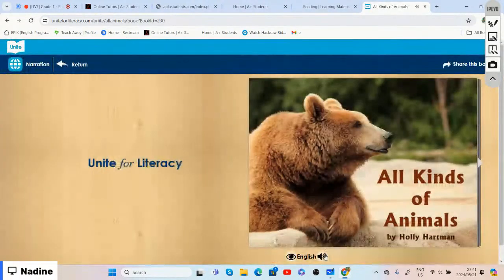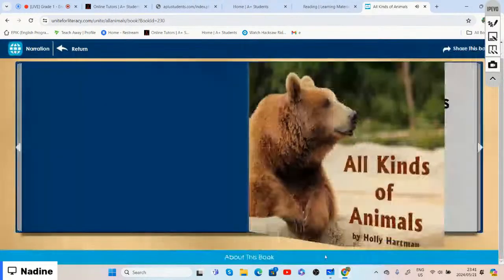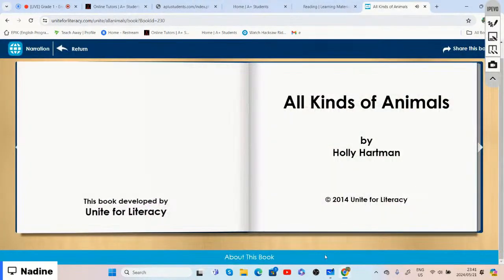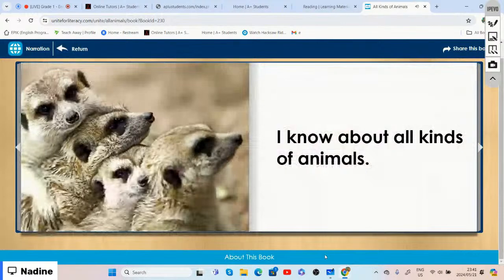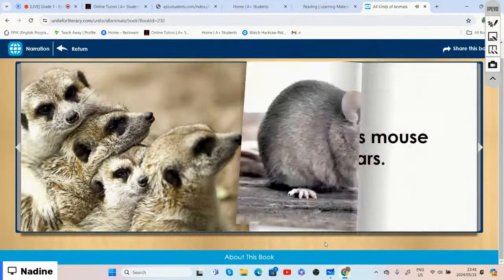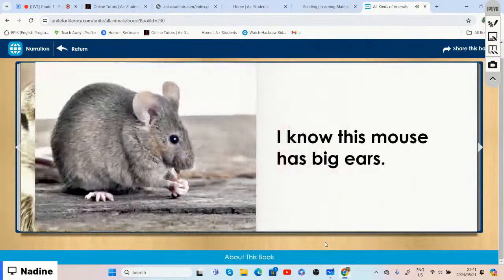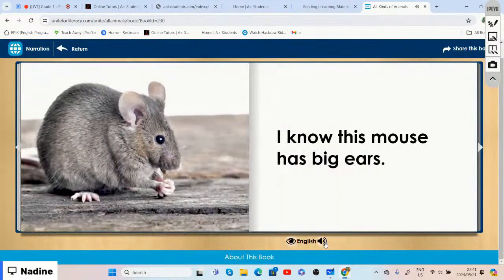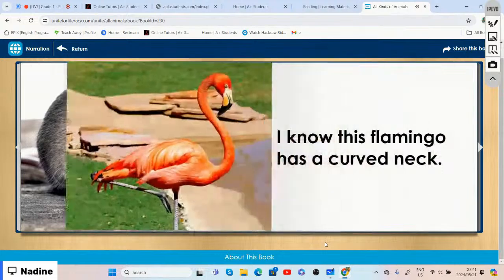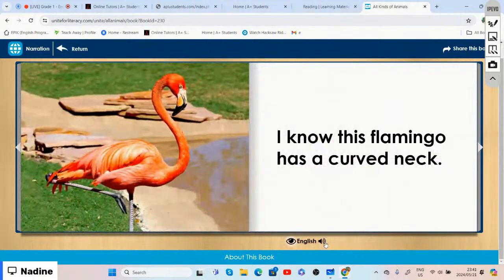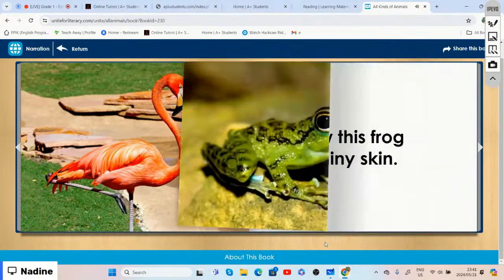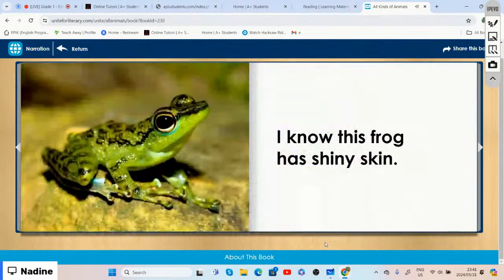All Kinds of Animals by Holly Hardman. I know about all kinds of animals. I know this mouse has big ears. I know this flamingo has a curved neck. I know this frog has shiny skin.